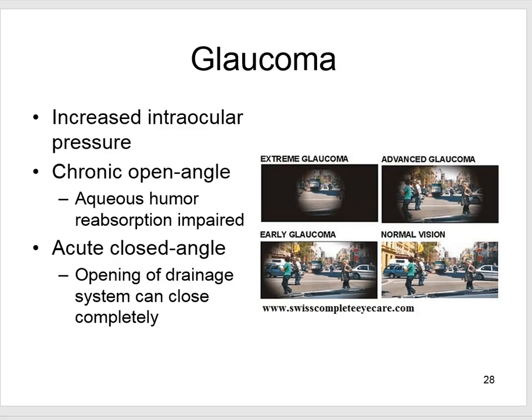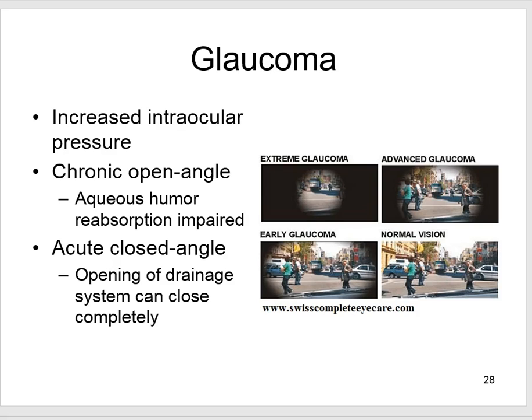So, in glaucoma, generally, there's an increased intraocular pressure that results in damage to the retina and optic nerve. It's increased because of the inability of aqueous humor to drain from the eye and enter the bloodstream. So there's excessive pressure in the anterior chamber of the eye.